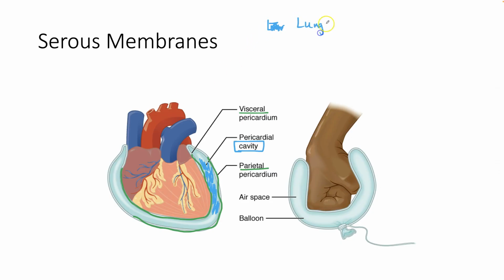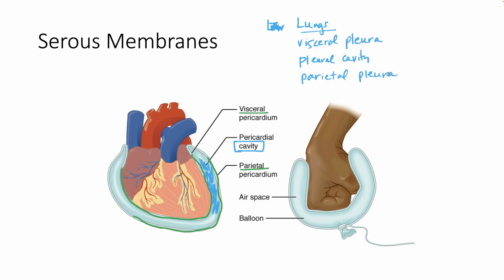For the lungs, the layer next to the lungs would be the visceral pleura, because it would be around the lungs. Then we would have the pleural cavity, and then the external layer would be the parietal, which means wall, parietal pleura.